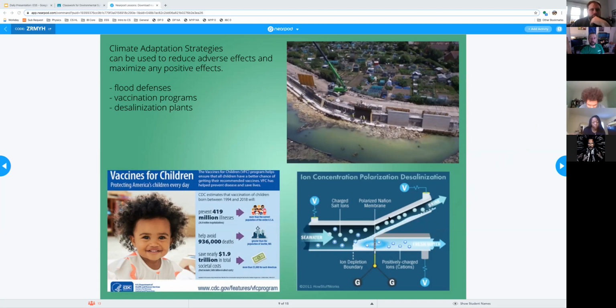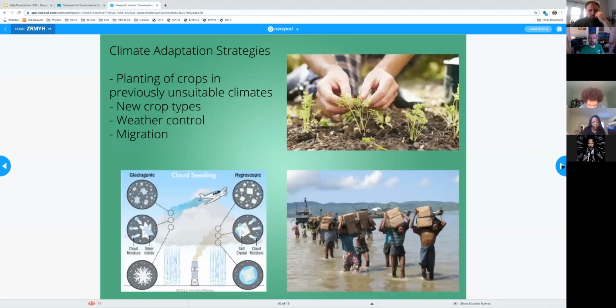This is an interesting way to approach climate change. Israel has made a lot of progress with desalinization, but it is one of the adaptation strategies.